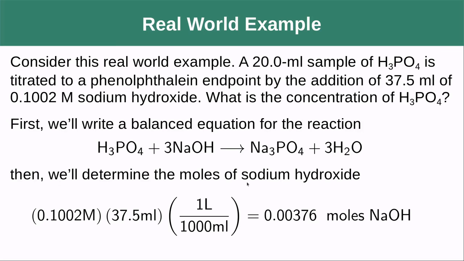Then we'll determine the moles of sodium hydroxide. We were given our concentration of sodium hydroxide, our titrant here. We'll multiply that by the volume that we added. We'll include our conversion factors because this has to be in liters, since this is moles per liter, and we'll get 0.00376 moles of sodium hydroxide.